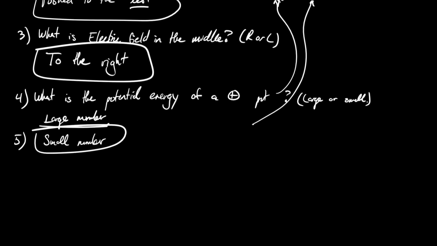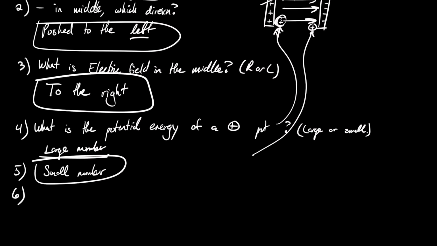Okay, let's do another example. What is the potential energy of, this time, a negative charge put on the left side? So for example, in this hole out to the left here.